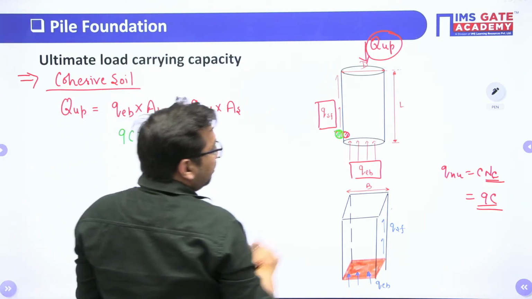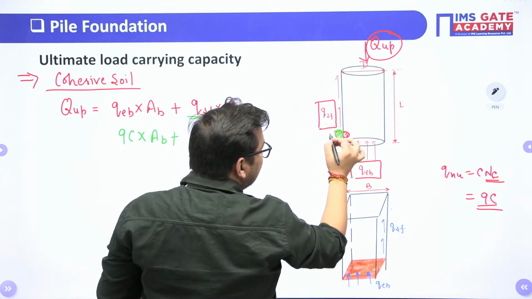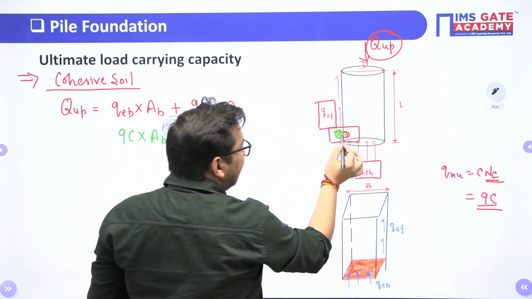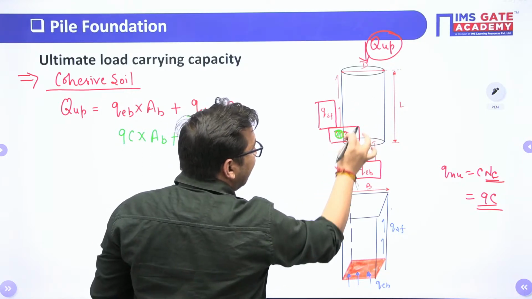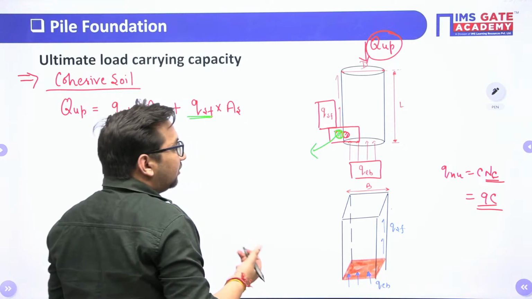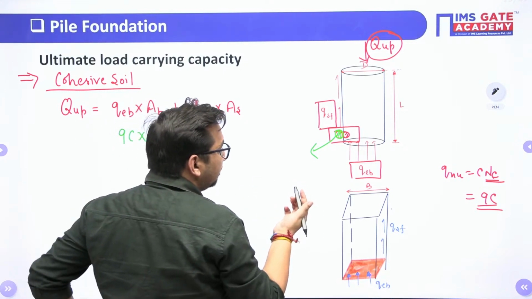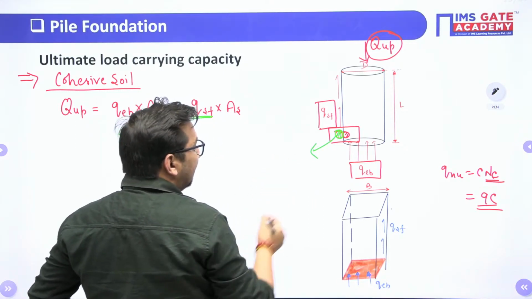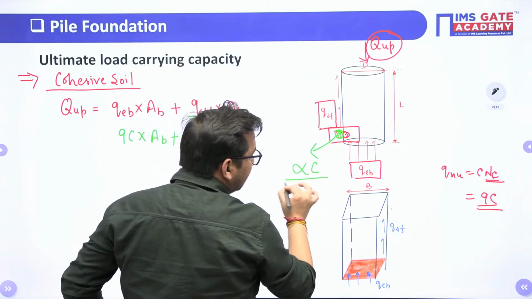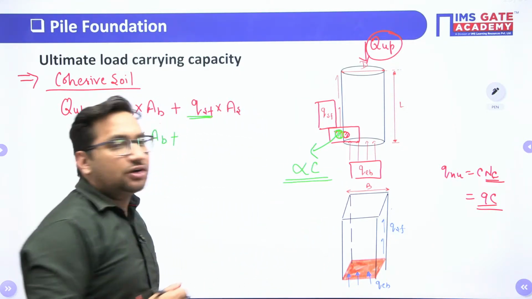So there is cohesion between these two particles, a force of attraction between these two particles, as they are unlike particles. This is the pile material, this is soil. It means here the effect will not be cohesion but adhesion, right? So to take into account that adhesion, we multiply this cohesion value with one factor known as the adhesion factor.